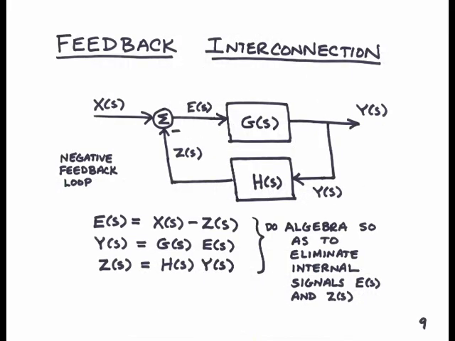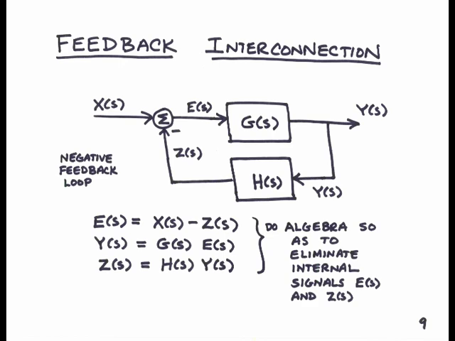Now let's tackle the feedback interconnection. We'll see feedback interconnections quite a bit in this course. We'll have two presentations that will feature them prominently. The input signal to this interconnection is X(s), and the output is Y(s).